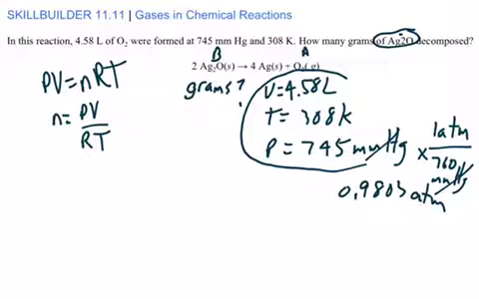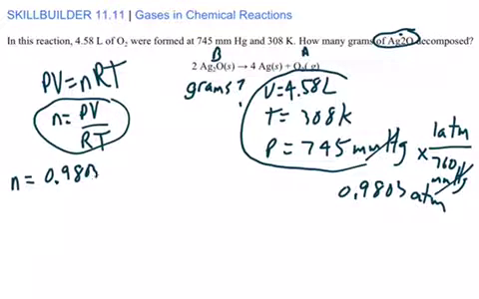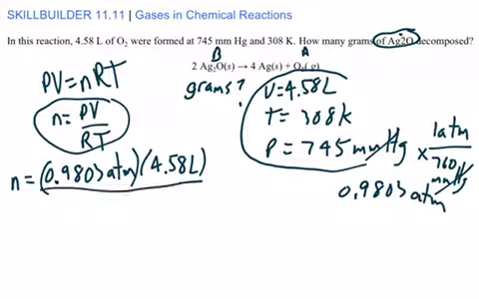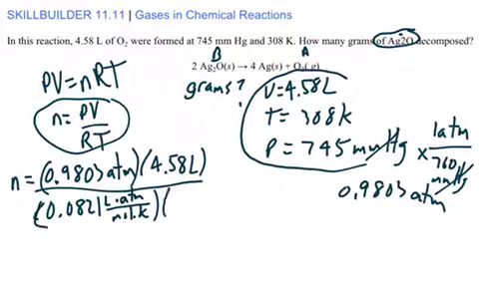So let's plug everything into this equation. n is equal to P, which we just found, 0.9803 ATM, just like that. And then V, the volume, is already in liters. Make sure it's in liters. It is. And then R is 0.0821 liter atmospheres over mole Kelvin. And the final thing is the temperature here, which is 308.